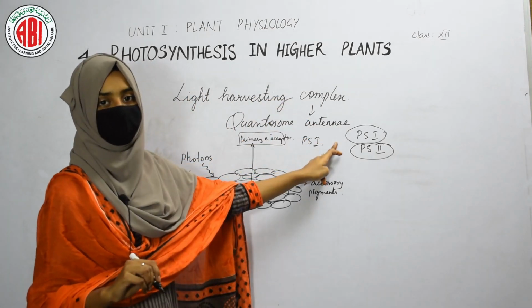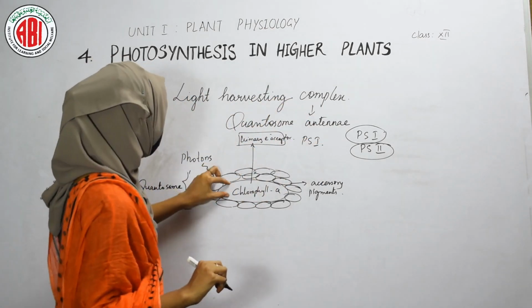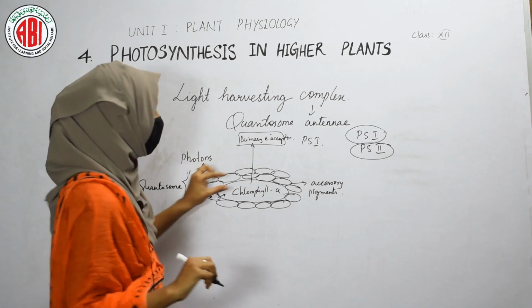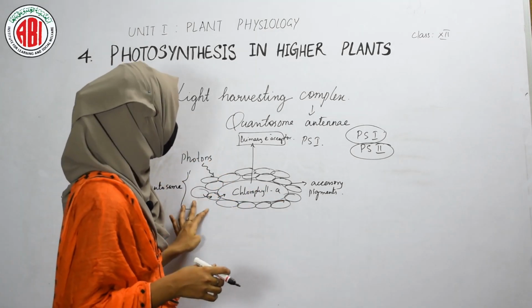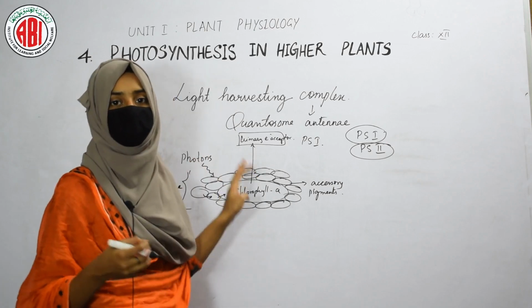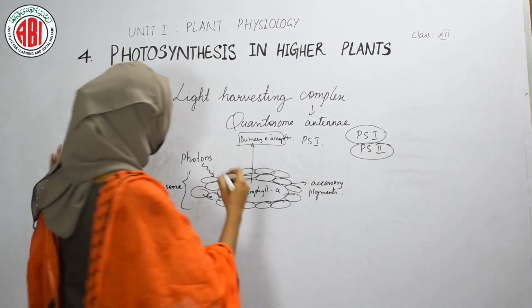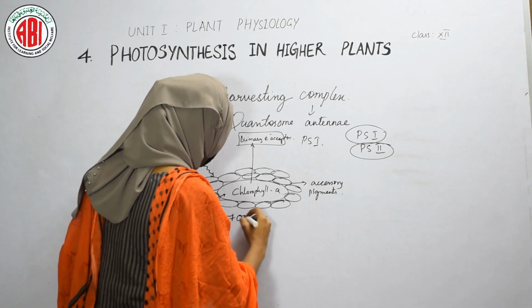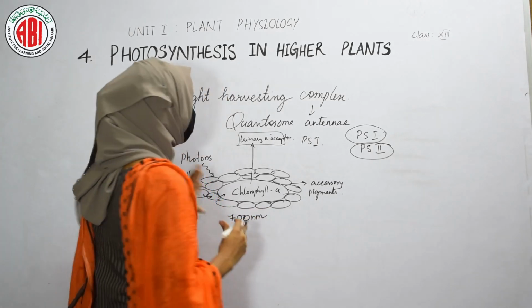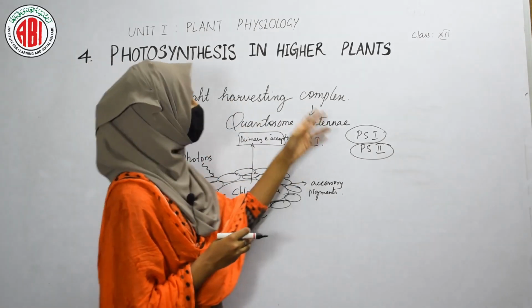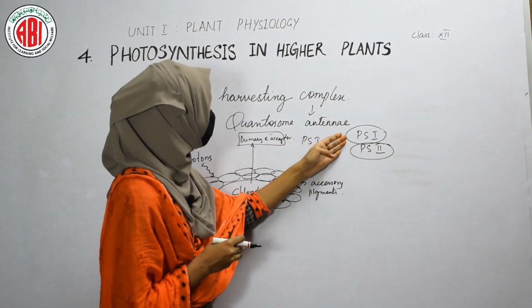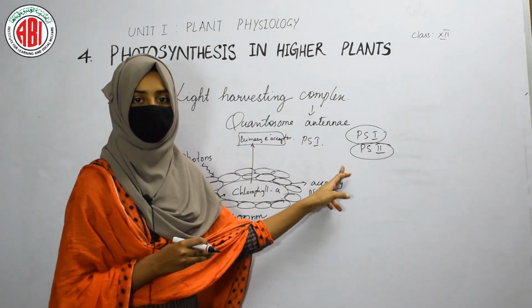In photosystem 1, the chlorophyll A is a pigment that receives the photons from the other accessory pigments, and it receives the wavelength of 700 nanometer. Based on the wavelength, these systems are classified as photosystem 1 and photosystem 2.